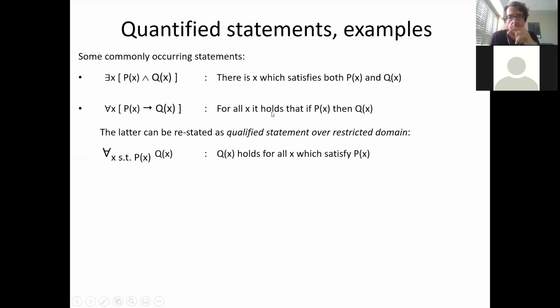Let's look at some examples of quantified statements. Here are two that occur very often in the wild, right? These are commonly occurring things that you might find yourself saying, and you might find other people saying, and they are convenient.